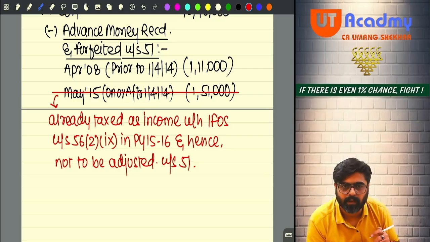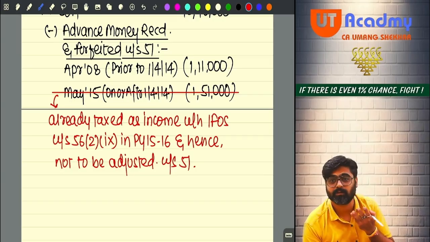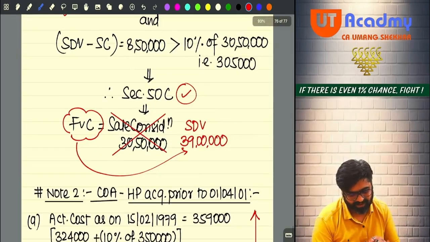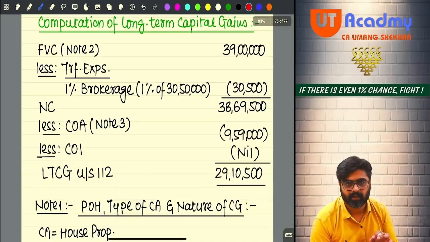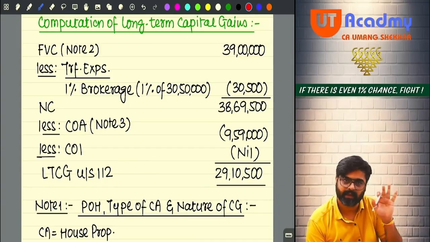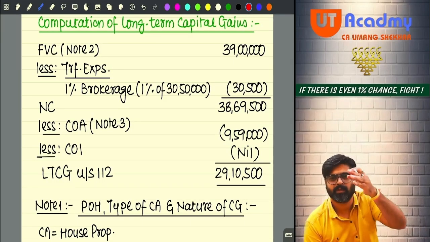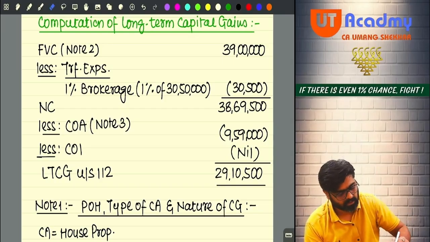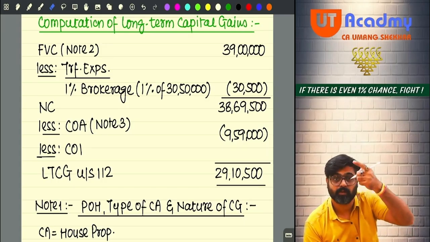Understanding what is happening? Wait, first let us decide the cost of acquisition. In our main calculation, we have taken cost of improvement as nil. I forgot to take that cost of improvement. I'll do that calculation here only. Cost of improvement is there because the first floor is also constructed.